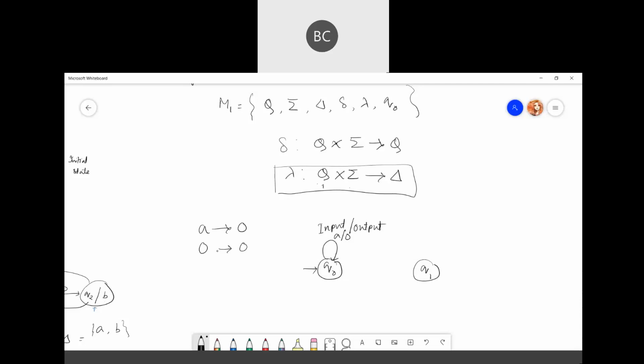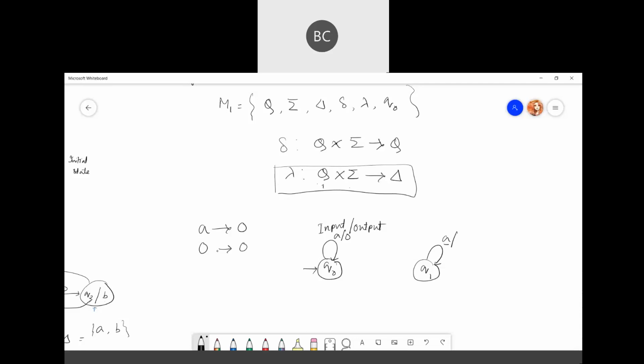The input symbol can be anything. You can write it in terms of A, 0, it doesn't matter. It can be anything, A, 0, an alphabet, anything. Similarly, the output can also be 0, 1, anything. So in the case of the Moore machine, output is associated with the state, and here output is associated with the input.